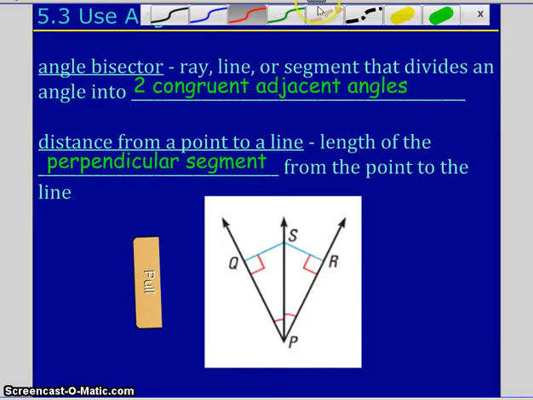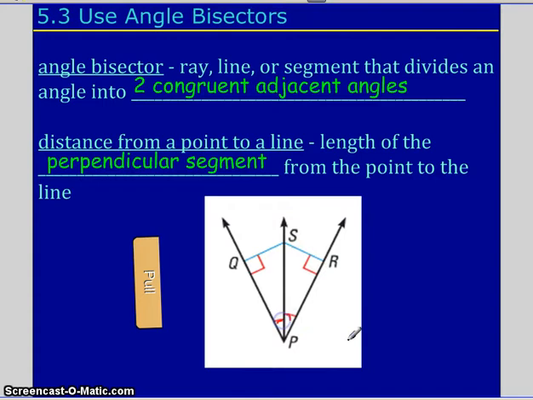Notice that PS is a ray that bisects the angle, so it would be an angle bisector, and it's showing that the distance from S to R is this blue line, and from S to Q is this blue line. We have to define that distance as something, because all the lines that we could draw from S over to that side of the angle would be a different length. So we always go with the shortest length, which is the perpendicular segment from that point to the side.